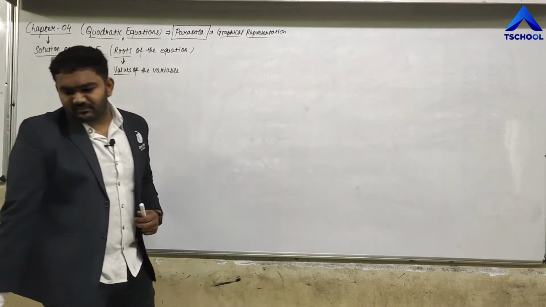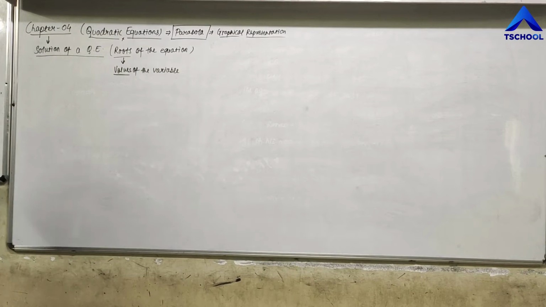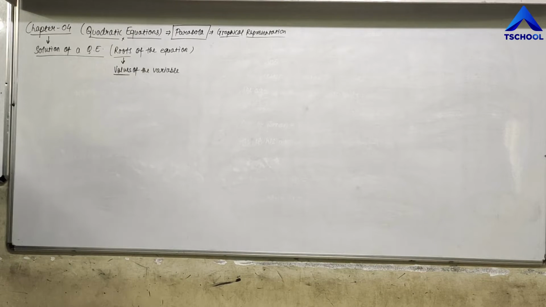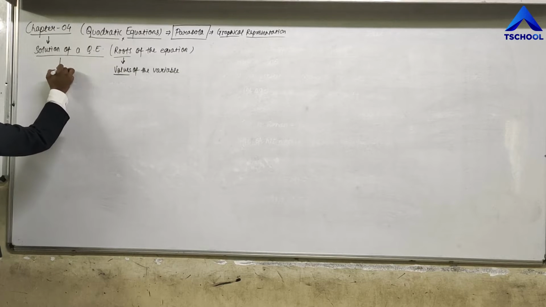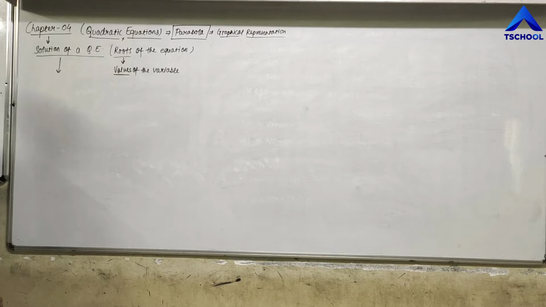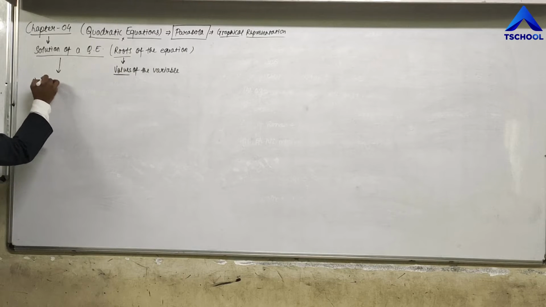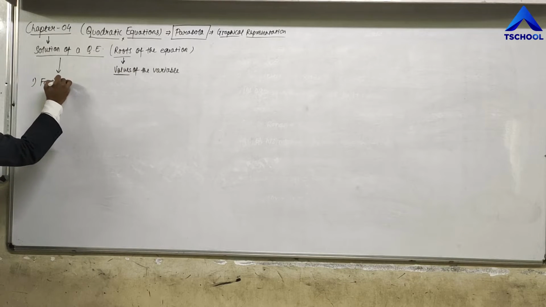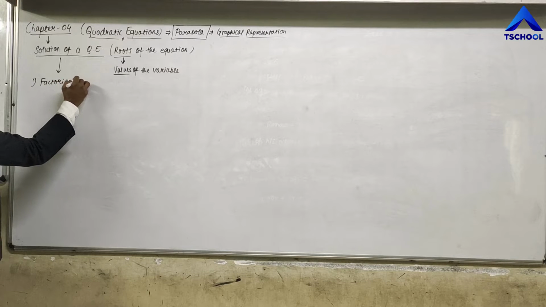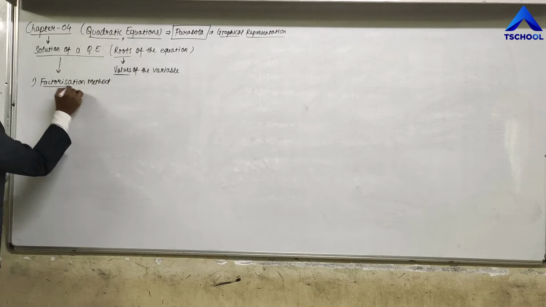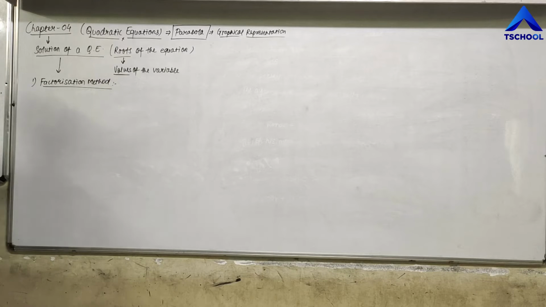So without making much ado of this, let us directly come to the methods of solution of a quadratic equation, right? There are 3 methods of solving a quadratic equation given to you in this book. The first one is the factorization method.